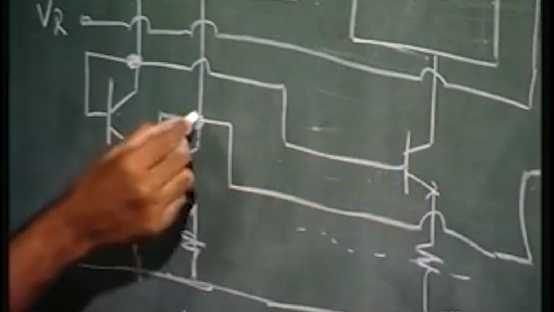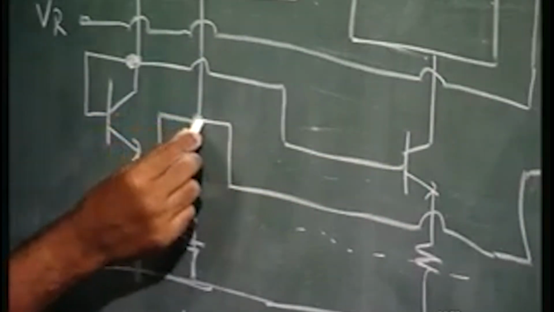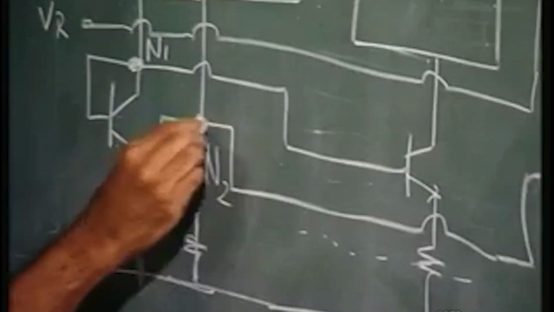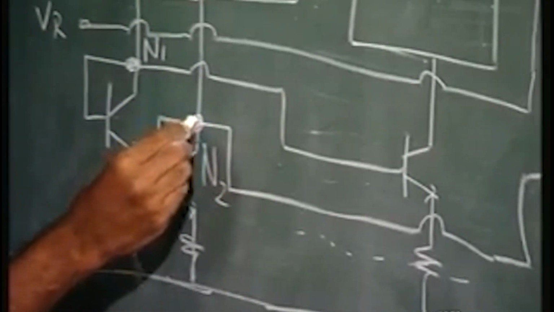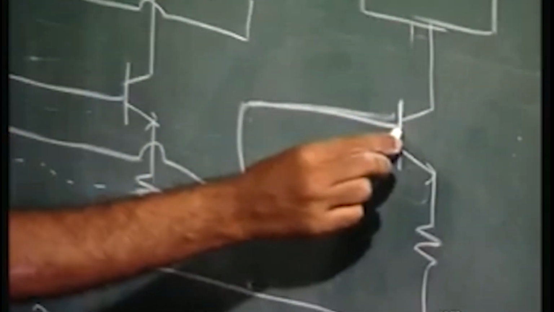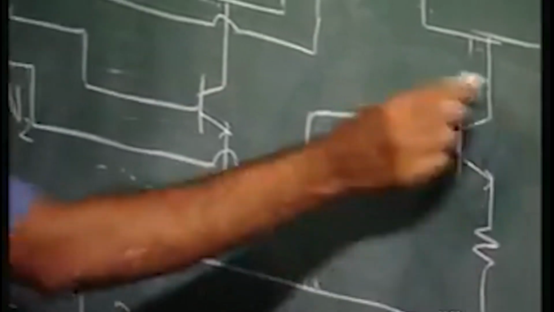Whereas if the voltage at node N2, calling this node N1 and this node N2, is high, then the base voltage of the transistor to which it is connected is going to be high, and it is turned on.